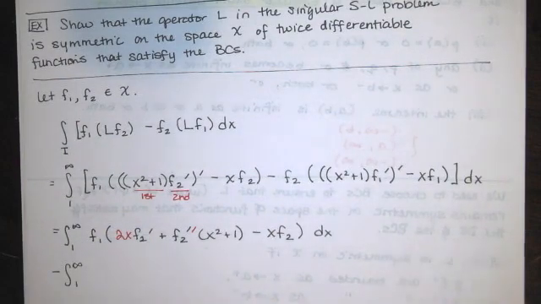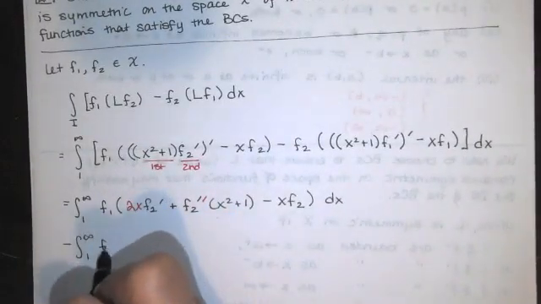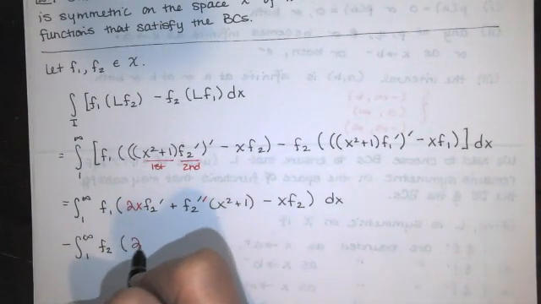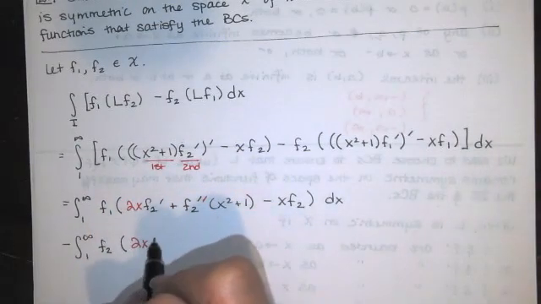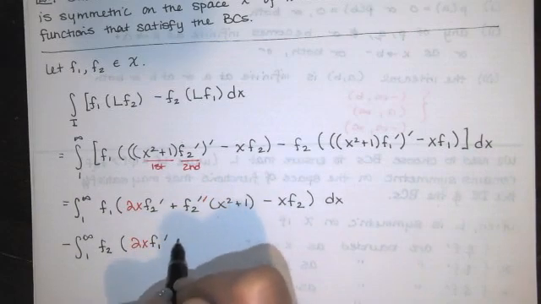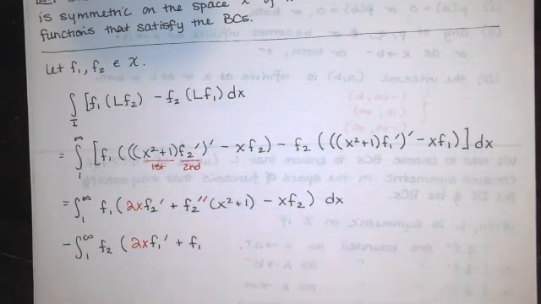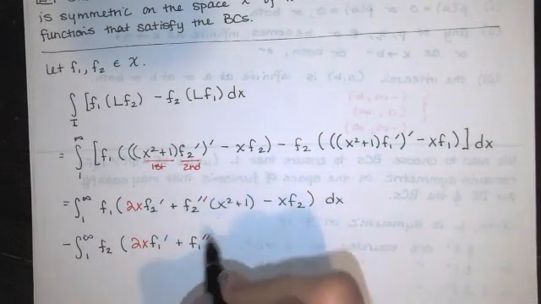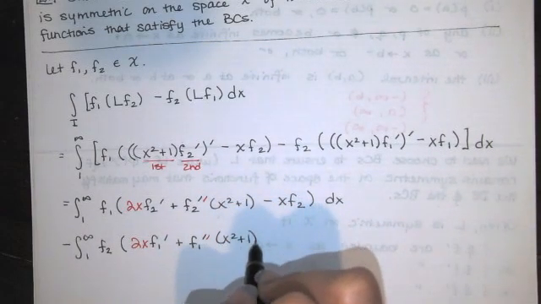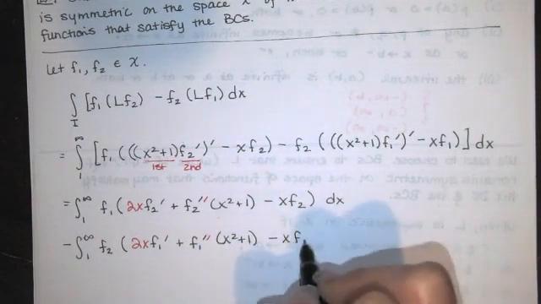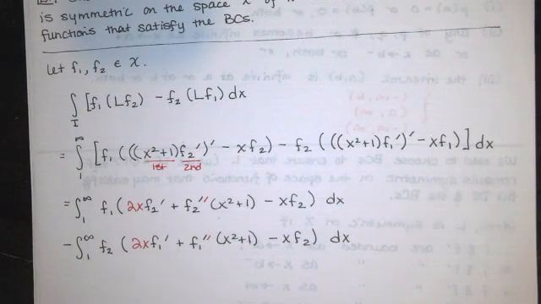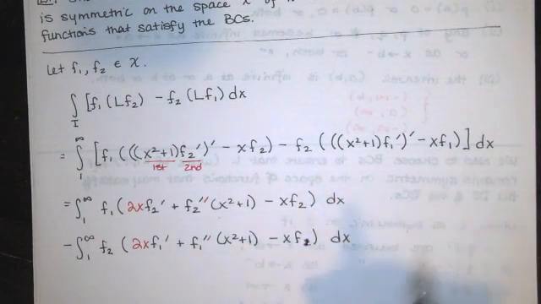Write this as a separate integral. Same over here. Derivative of the first times the second plus derivative of the second times the first. No big deal. Just a little Calc 1 product rule stuff. Okay. Oops, that should be an F1.